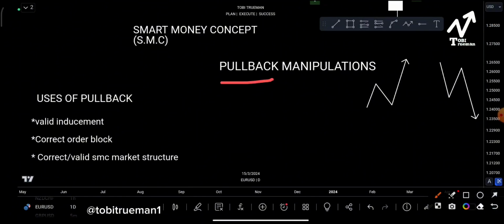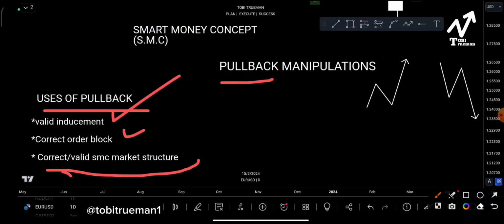So we know that pullback can be used for a few things. What are the uses of pullback? We can use it to identify valid inducements. We can also use it to identify the correct order block. And lastly, we can use it to identify a valid smart money concept market structure.